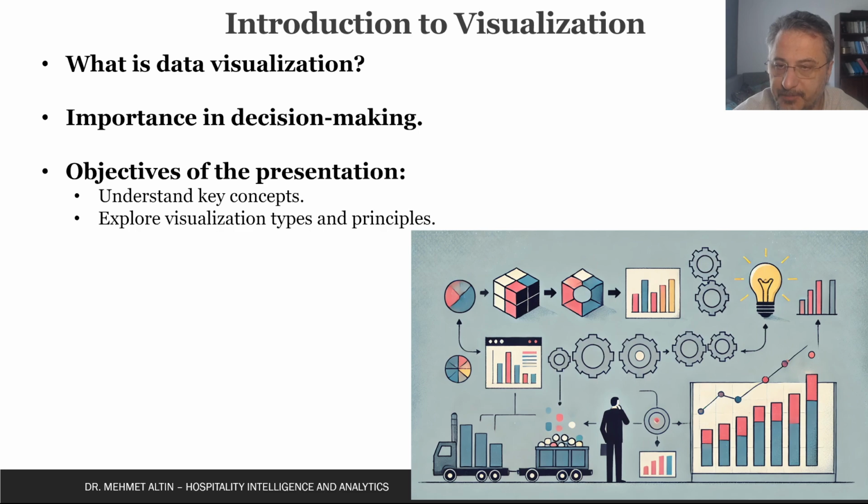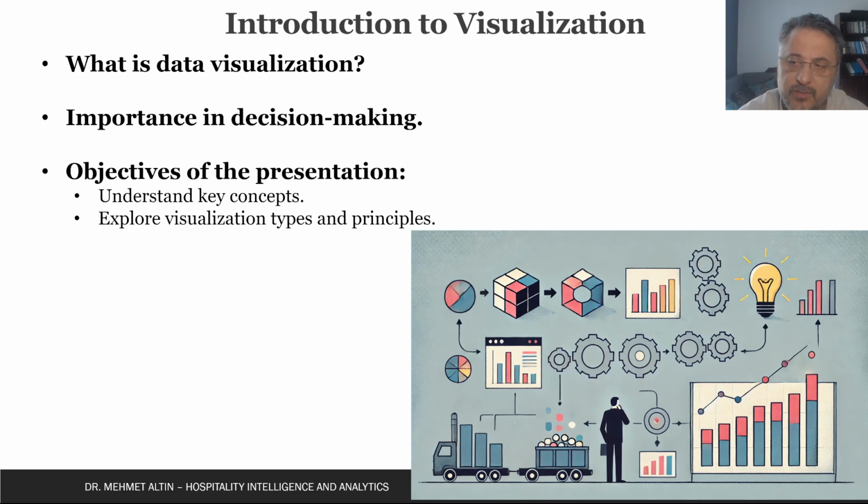Data visualization. At its core, data visualization is simply the process of turning raw data into something visual, something we can see and understand more easily, like charts, graphs, or dashboards. Now, we are surrounded by data, right?